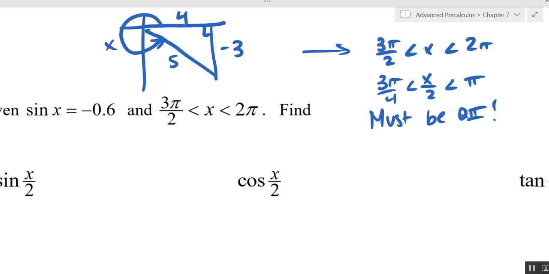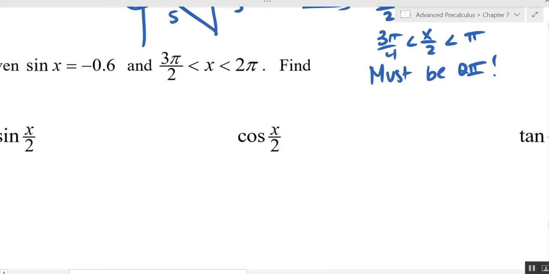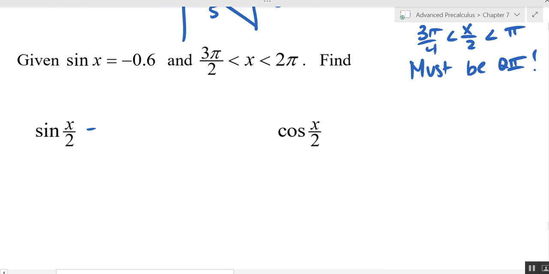So let's see if we can use some of these identities. And so we're going to say sine is positive in quadrant 2. Square root of 1 minus cosine x over 2.